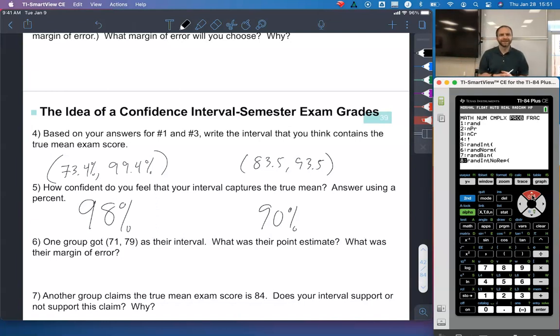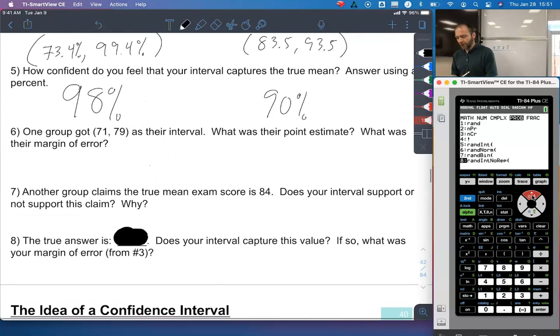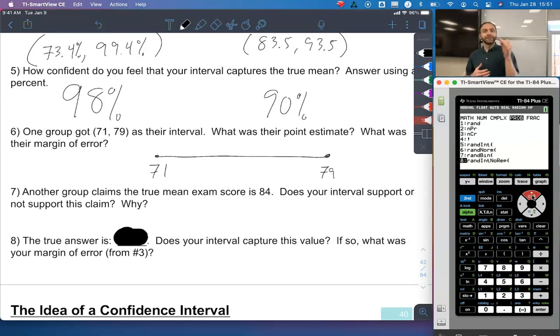What's their point estimate? If someone comes up to you and says, hey, my interval is 71 to 79, so 71 is the lower part of the net and 79 is the upper part of the net, how can you figure out their point estimate? Well, the point estimate takes the middle and you go the margin of error to the right and the margin of error to the left.